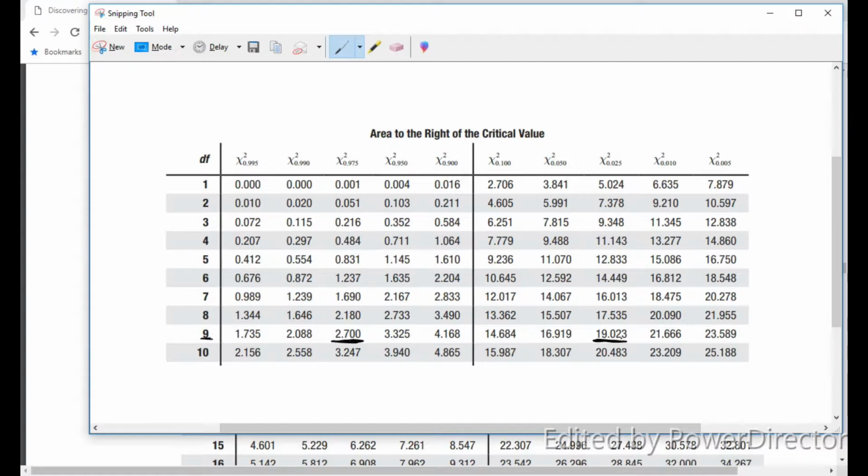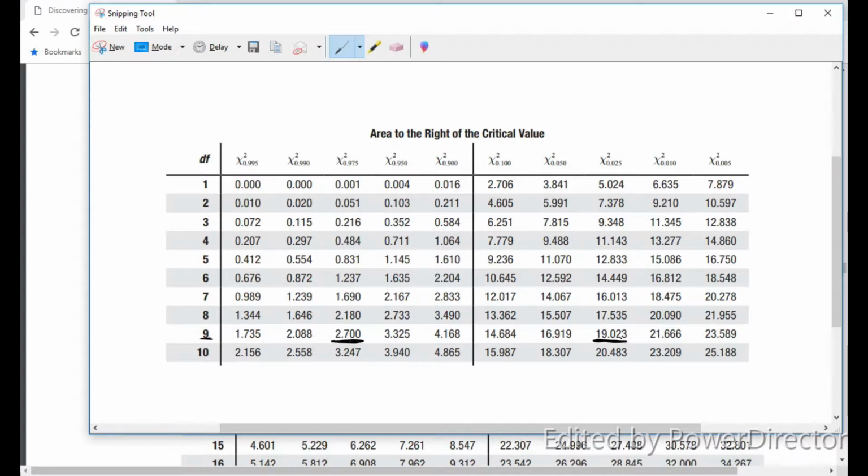They're not the same number. That's because of the way that the chi-square distribution works. You know, think about what we're relating this back to. We're relating this back to variance and standard deviation. Can variance or standard deviation be negative? No, it can't. The way it's defined, standard deviation cannot be negative.